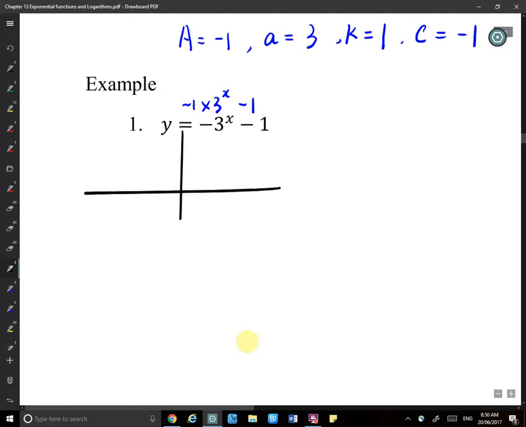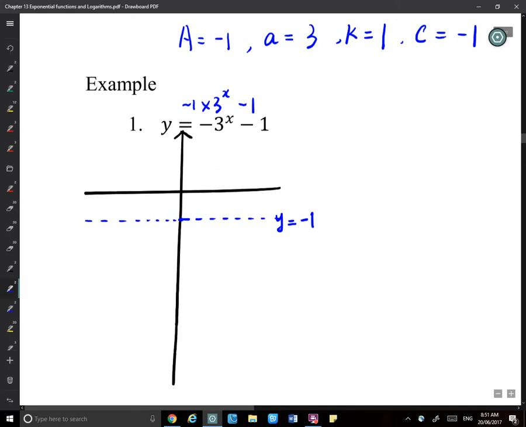So first step, find the asymptote. Asymptote is -1. It's a horizontal asymptote. You will label that as y equals -1.